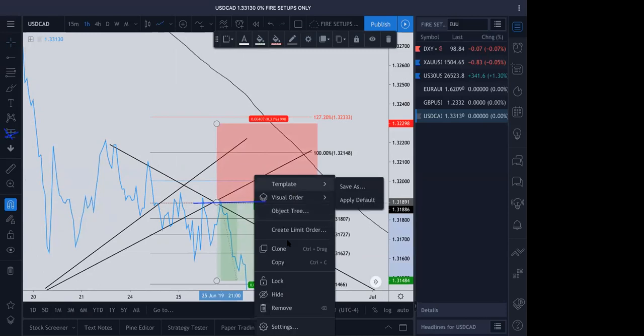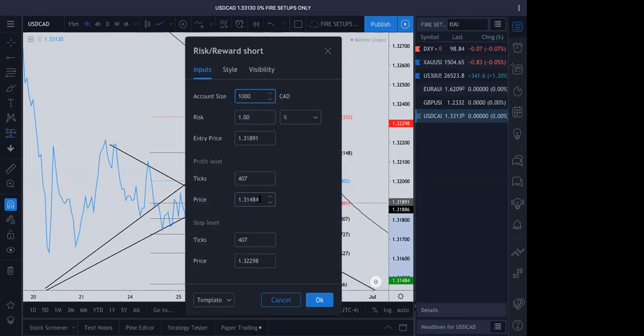Okay, click twice for settings. Paste the number to the entry point here. And would it be at 39 pips? 39. Stop loss, 39 pips. 390 points. Okay, click OK.